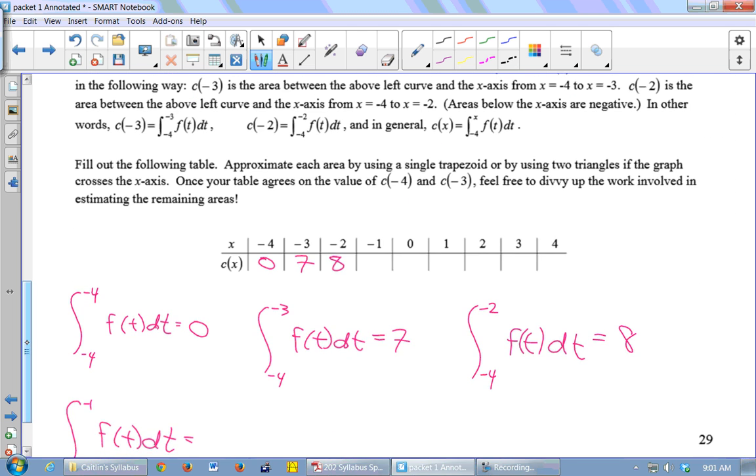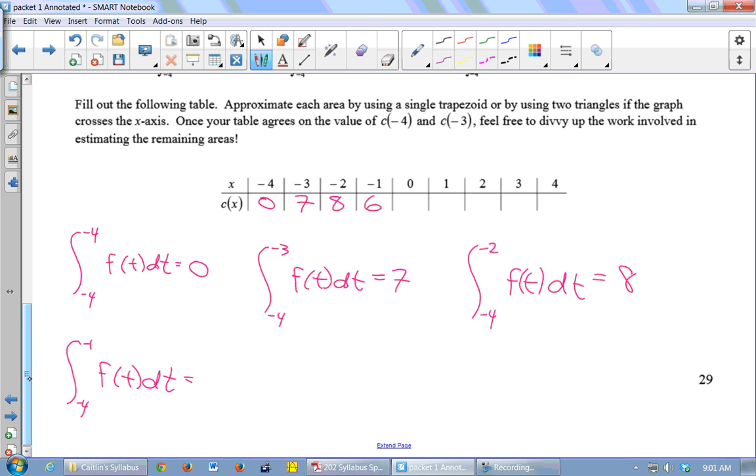So I have to subtract that area, so I get 6. No, that one was 8. This one's 6. Okay, so then do the integral from -4 to 0.